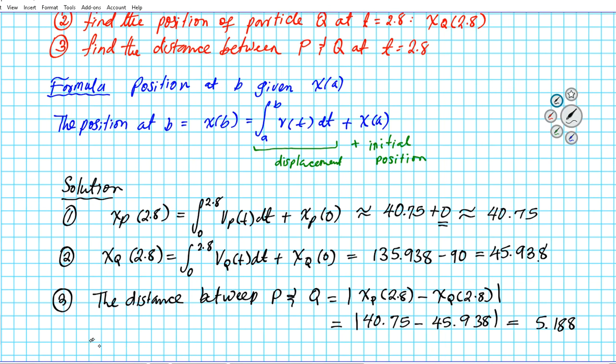Let's just write down what this answer means. Particles P and Q are 5.188 meters apart. So there you have it.